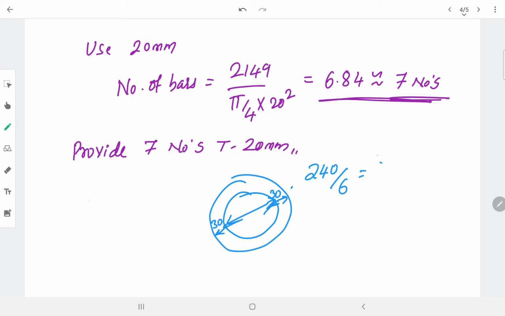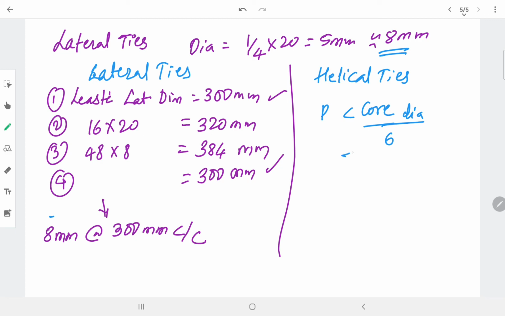So 240 divided by 6 is equal to 40 mm. Or the pitch should be greater than 3 times the dia of helical tie, that is 8 mm, 24 mm.